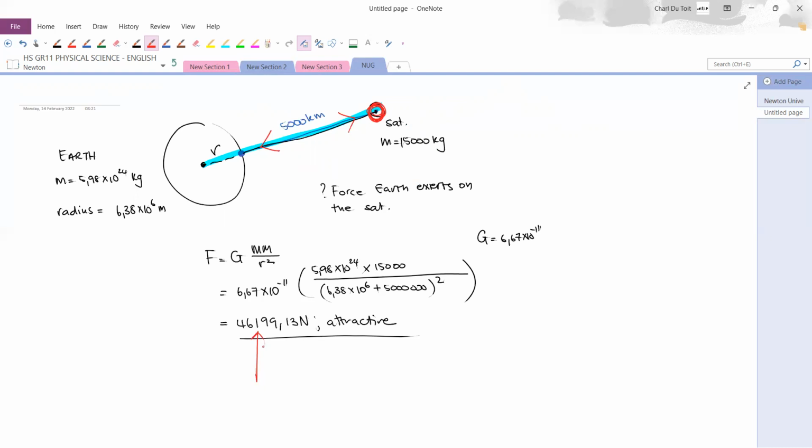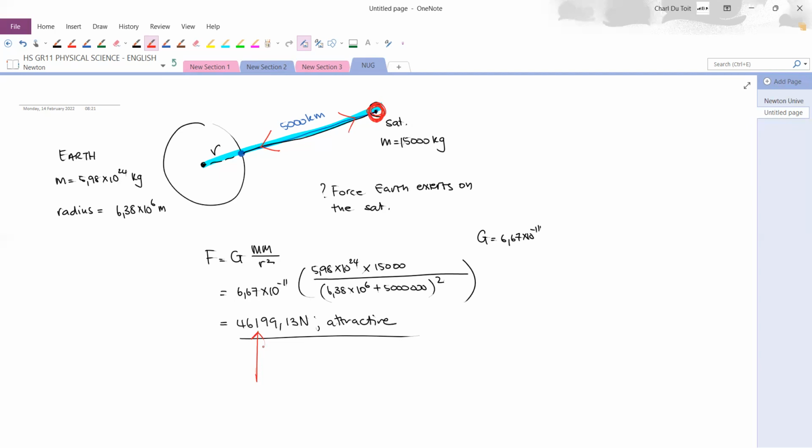If you exert a force of 46,000 newtons on the Earth, it's not going to move. Why? It's too heavy. Its mass is too big. So that's a small force. The Earth is not going to move, but the satellite's going to move.